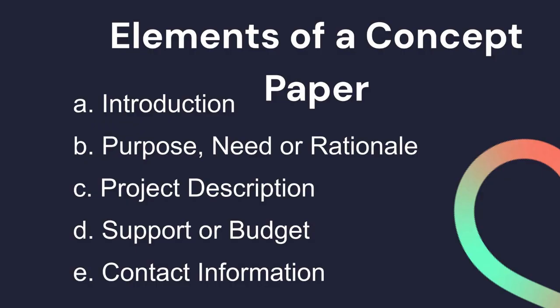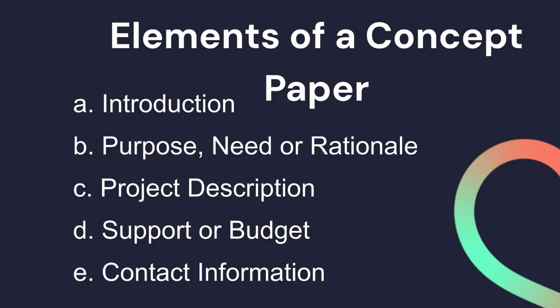Letter C, project description. It is a clear and detailed explanation of your idea. It will show what is the topic or concept you're talking about. Letter D, support or budget.